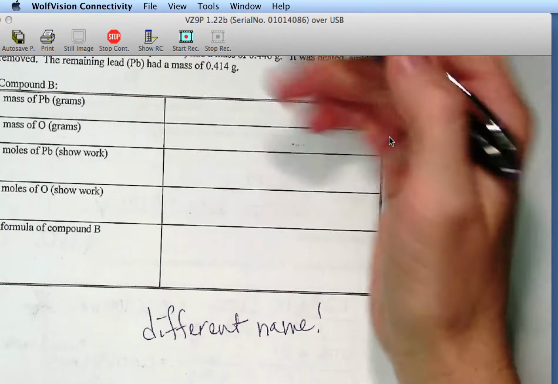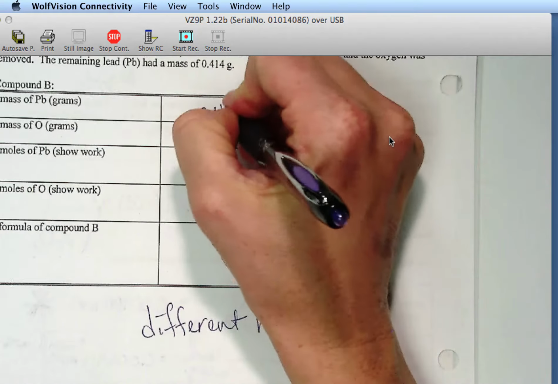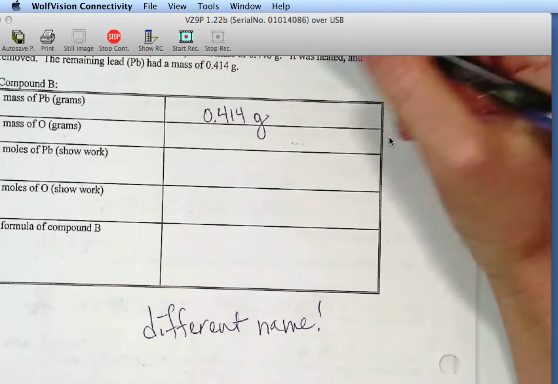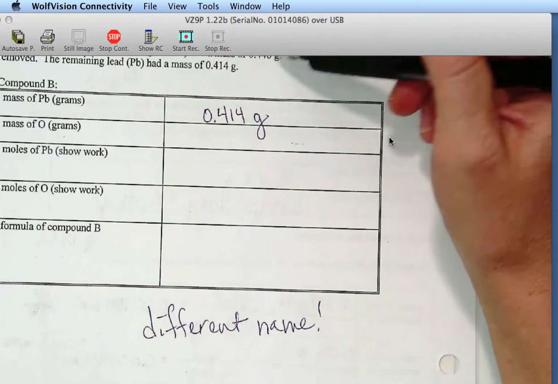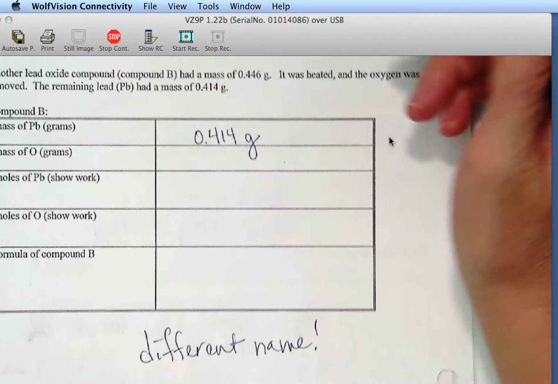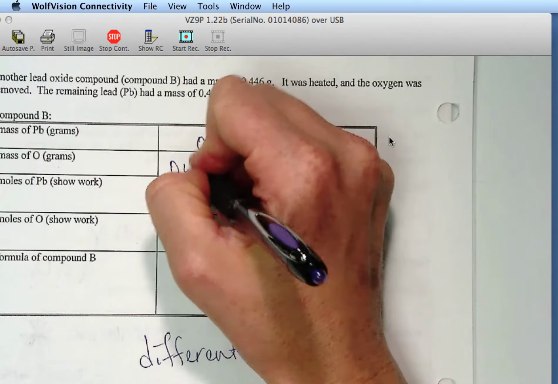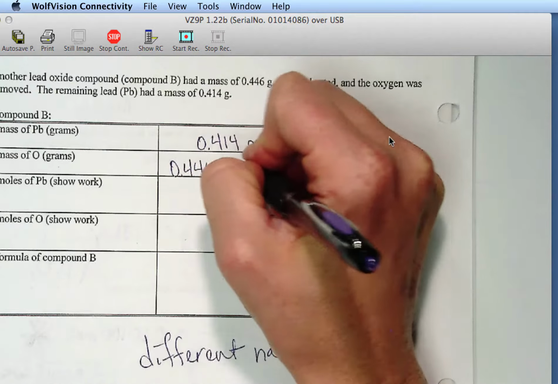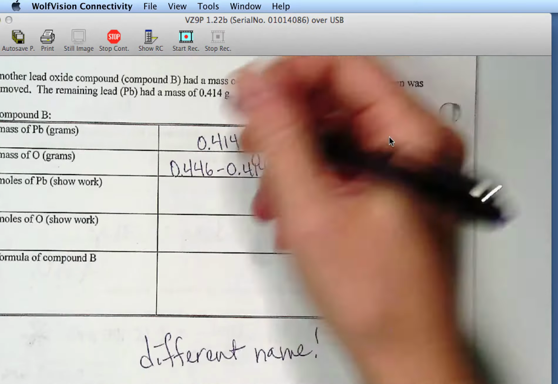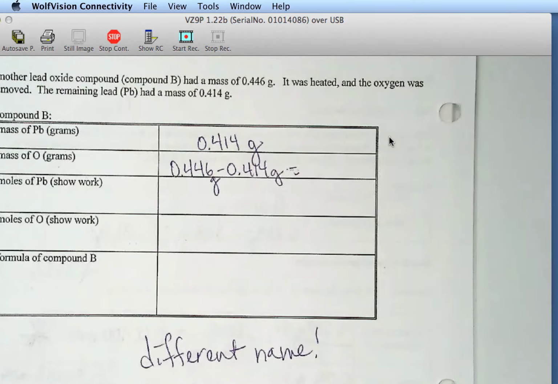The mass of the lead is 0.414. To get the mass of the oxygen, you're going to subtract those two numbers like you did before. So 0.446 minus 0.414. You'll go through and calculate that and do the ratio like we did.